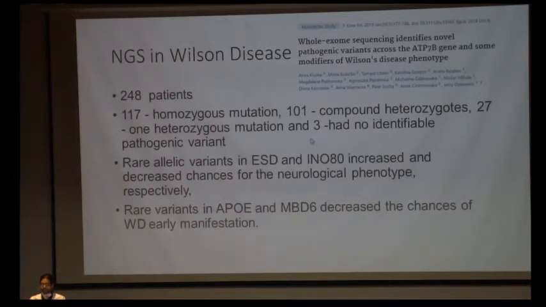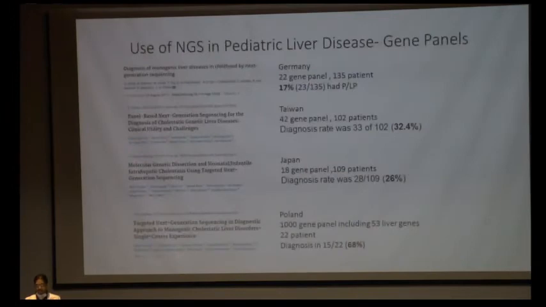Additionally, because they had done a whole exome, they had information on other genes available, so they could look at possible genetic modifiers, because as we know, the phenotype is quite variable, with some having neurological and hepatic disease, and also variability in the onset of disease. So they were able to identify certain genes which they thought could be modifying the phenotype of Wilson's disease.